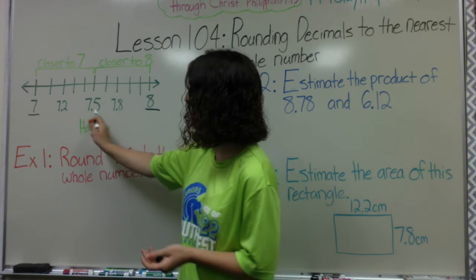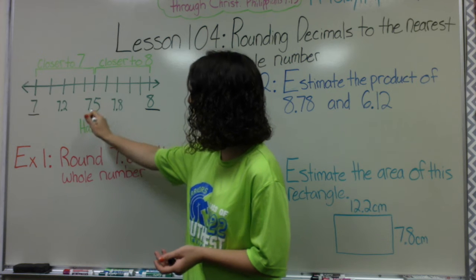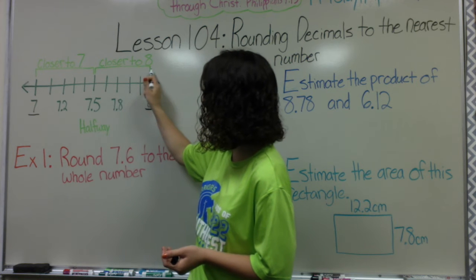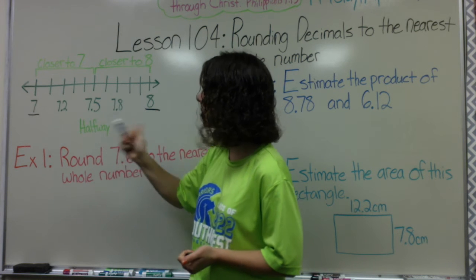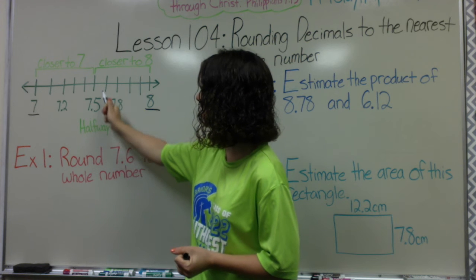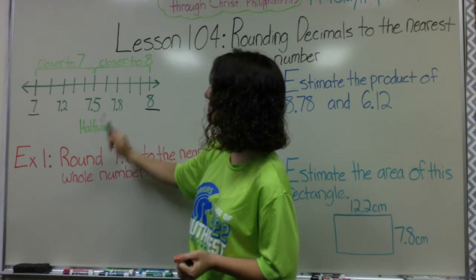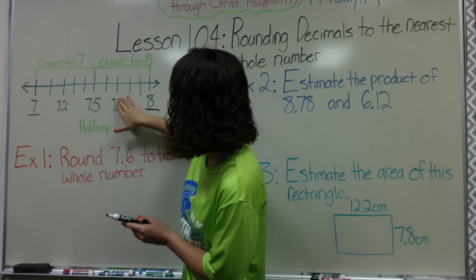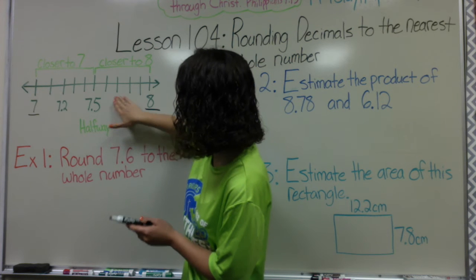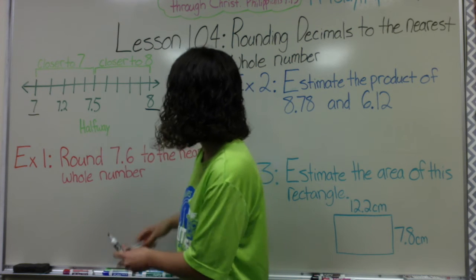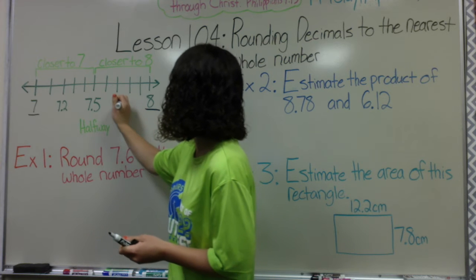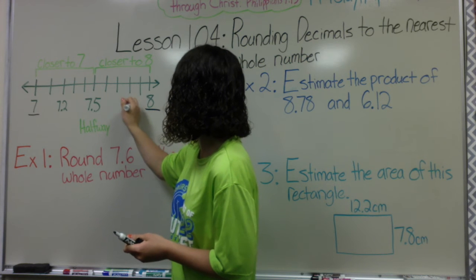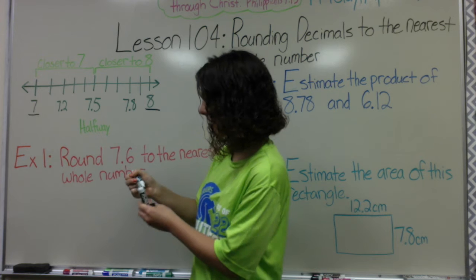So if I have 7 5/10 or anywhere in between that and 8, I'm going to round up to 8, which means 7 5/10, 7 6/10, 7 7/10, 7 8/10, and 7 9/10.